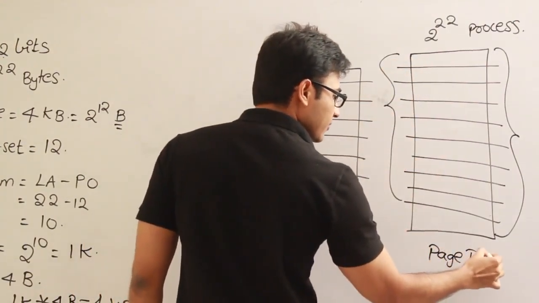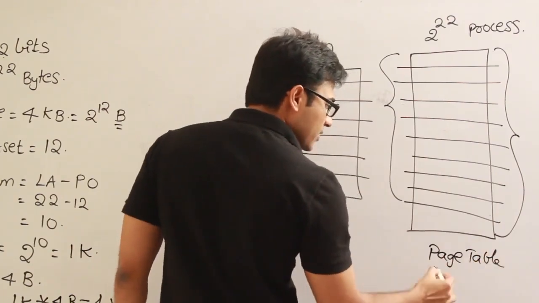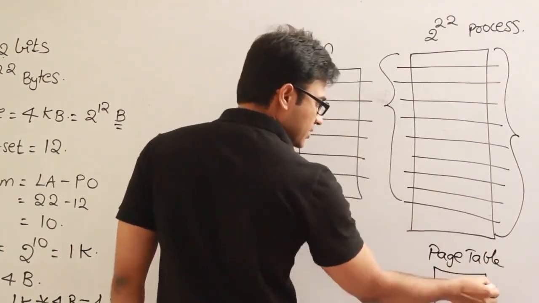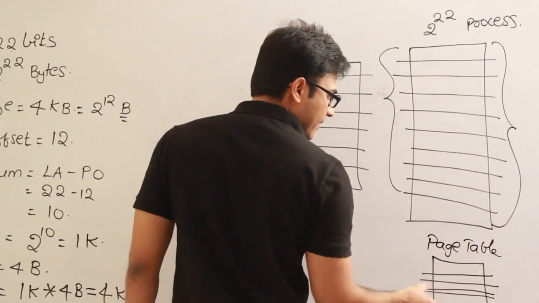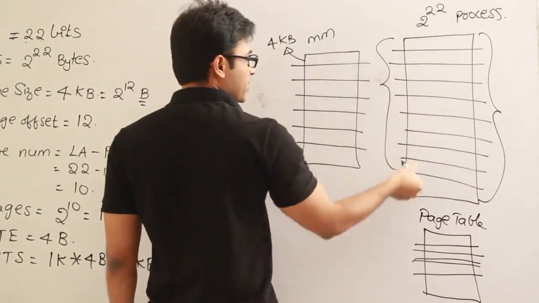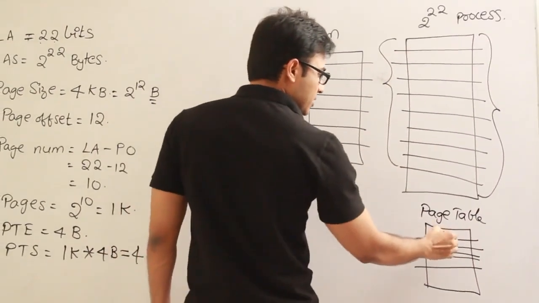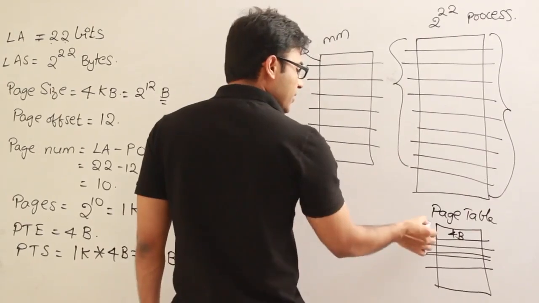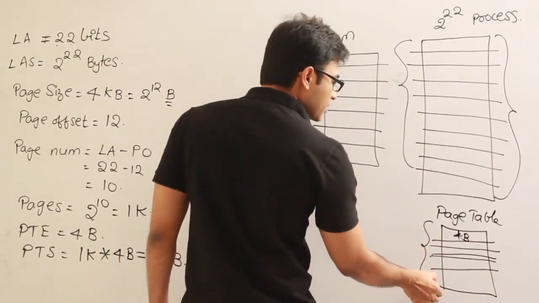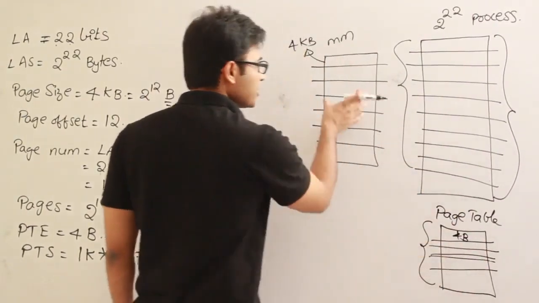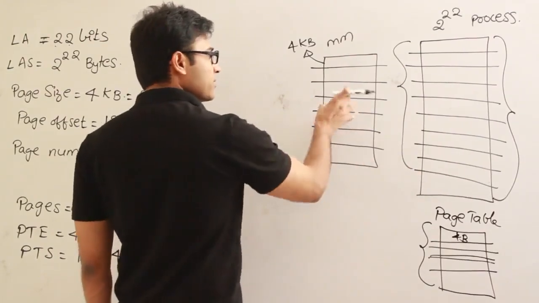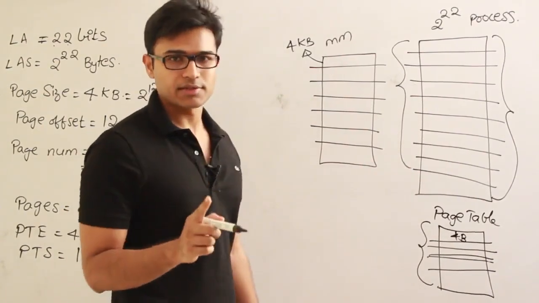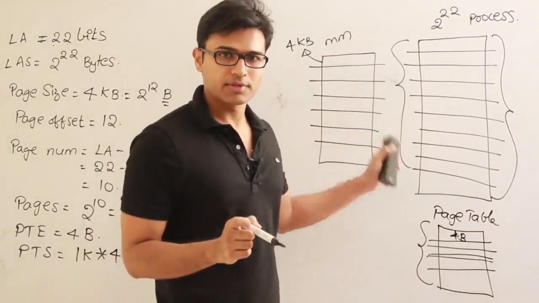The number of entries in the page table will be equal to the number of pages in the process, and each page table entry is 4 bytes. Therefore this entire page table has to be kept in the main memory. Anything that goes into the main memory has to go in as pages because it is divided into frames.